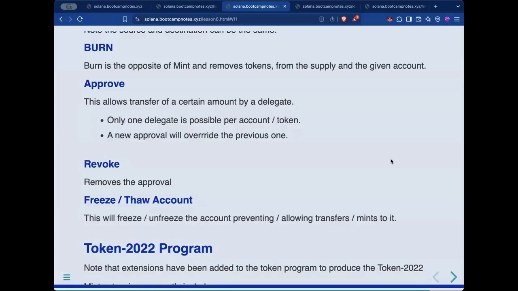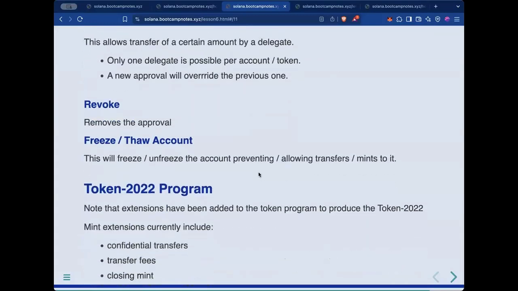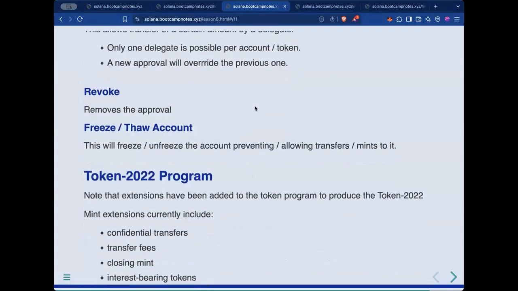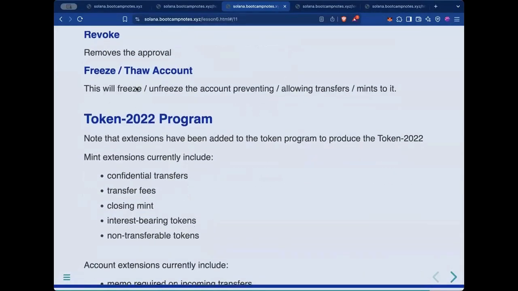So we can't set up multiple approvals. In fact, if you do set up a new approval, that will override the previous one. So only one can exist at a particular time. We can also remove the approval by doing a revoke, and then we've got the freeze and thaw functionality to freeze accounts or to thaw accounts.